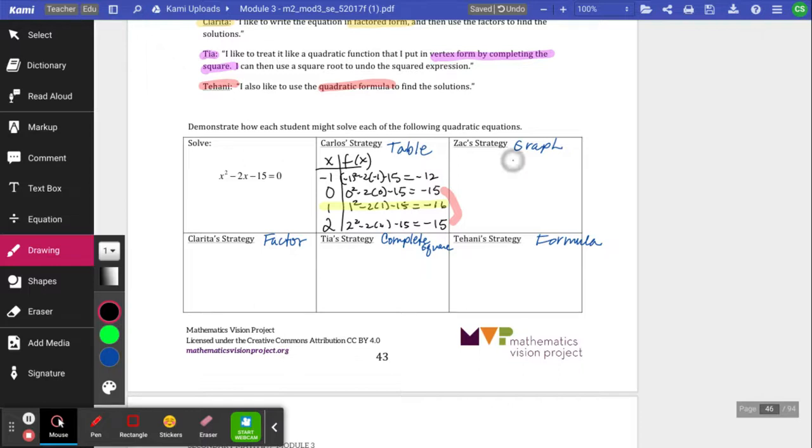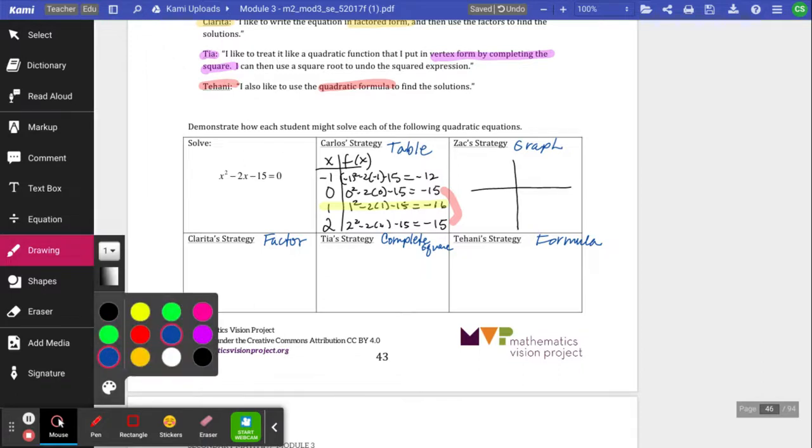So let's go over and make a quick table. And we can see here that we should go put a vertex at 1, -16. I'm going to count by 2s. On the side, I'm going to count by 1s.